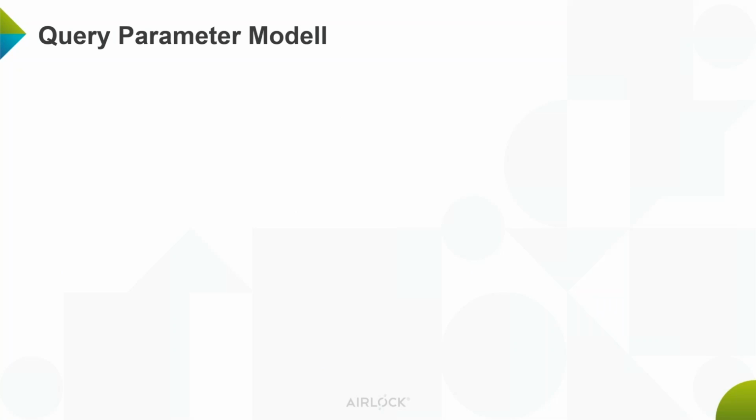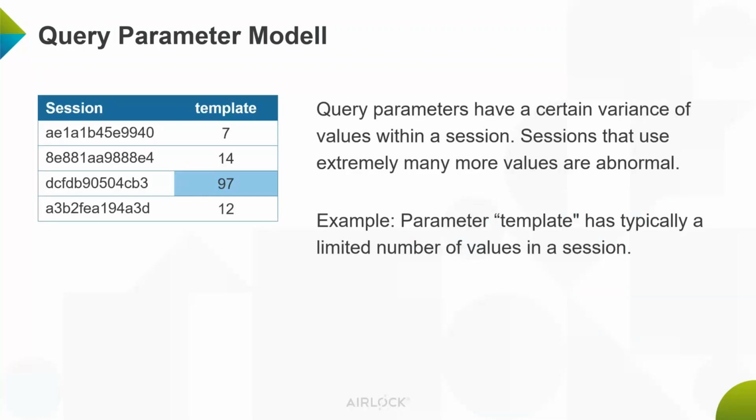We also added a new model, the query parameter model. We track in a session how many different values a certain parameter has. In this example, it is the parameter with the name template. Usually when normal users browse this web application, it only has a certain number of different values.